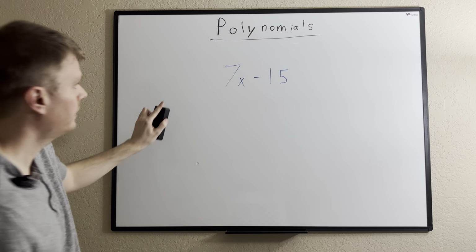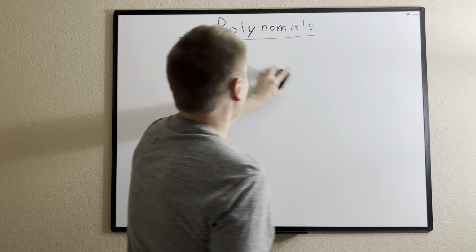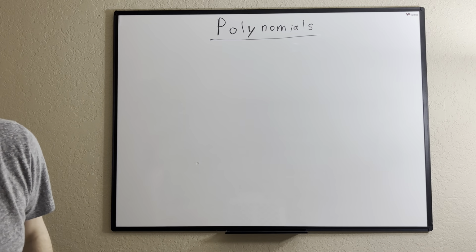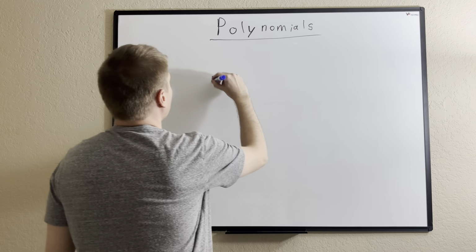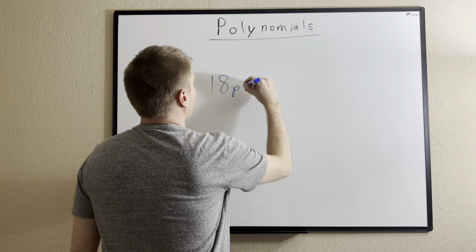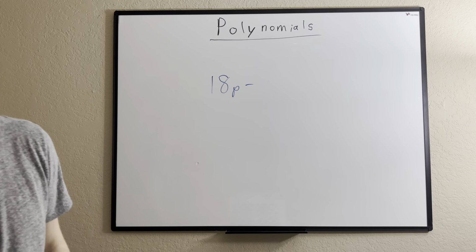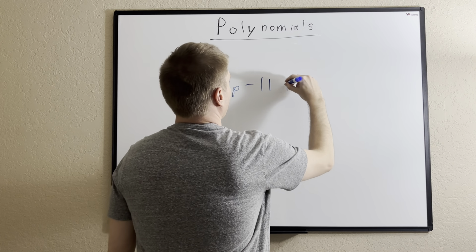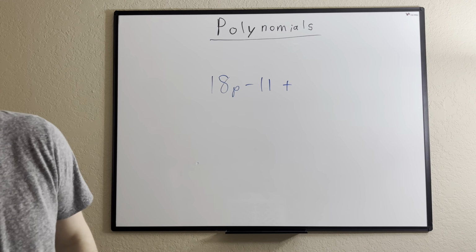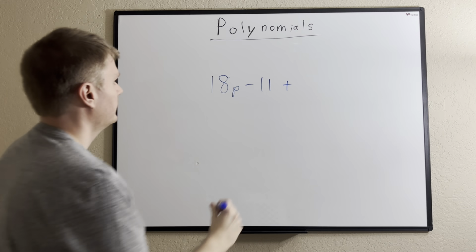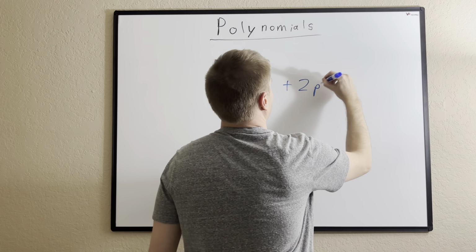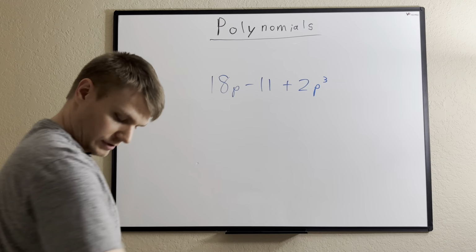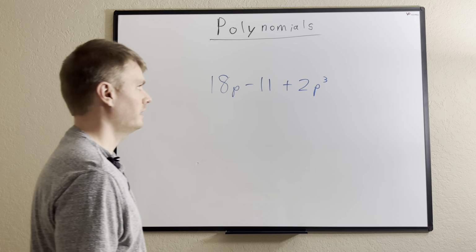All right. Now, they might give you a problem like this, where they say identify the degree, the leading term, and the leading coefficient of the trinomial. This is a trinomial. There are 3 terms in a trinomial.